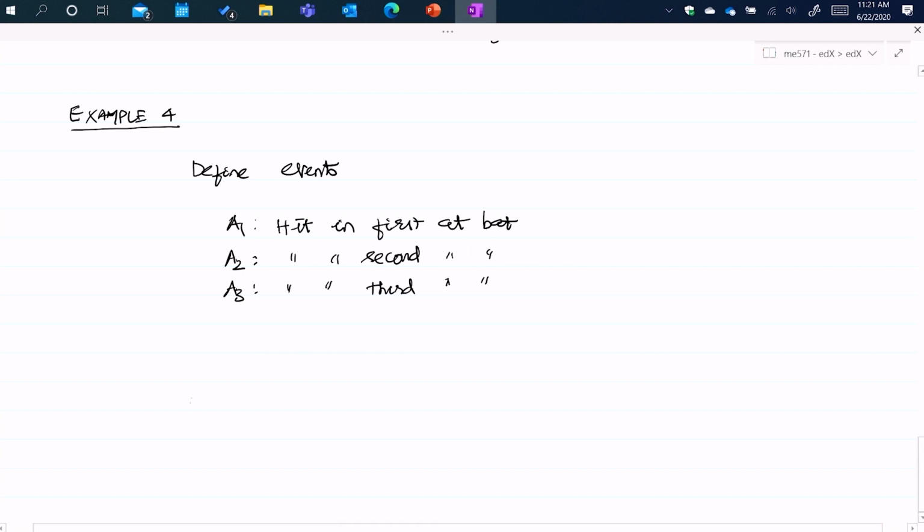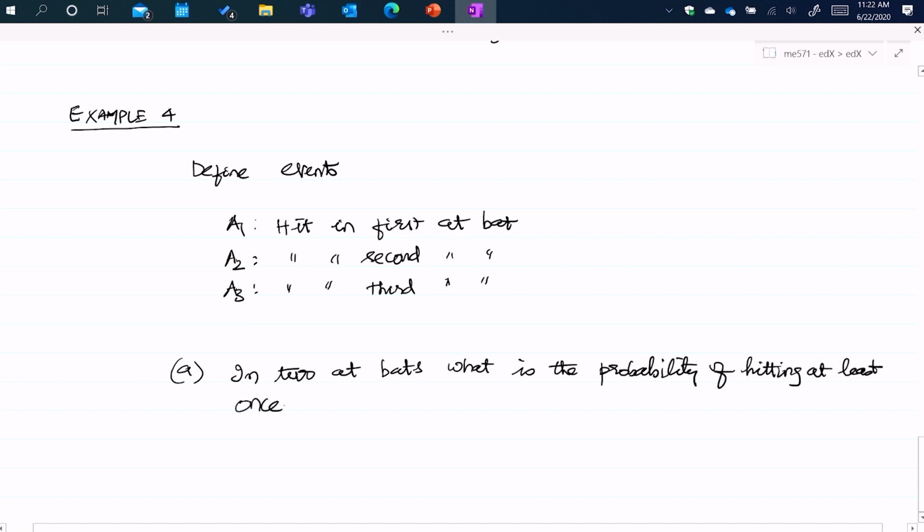Now what we seek in question A is the probability of hitting at least once in 2 at-bats. In order to compute this, we need to know the probability of each of these events. Probability of A1: on average, the player is able to hit with a probability of 0.300. Each of these at-bats is an independent event.